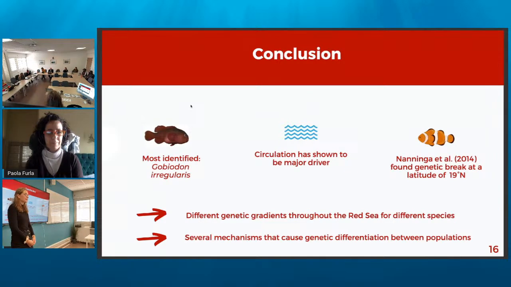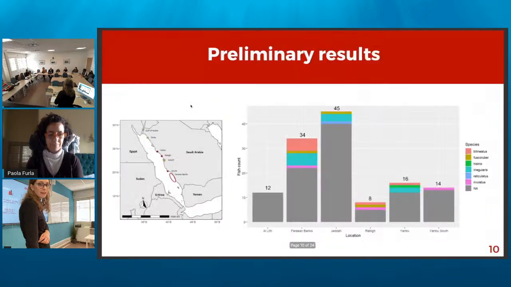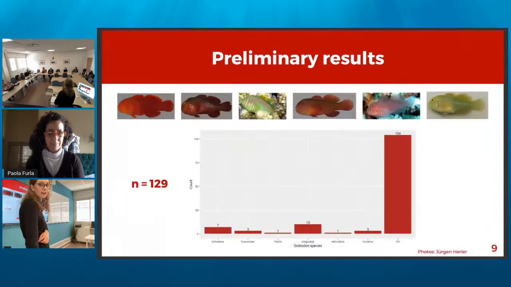Okay, thank you. I have another question, just a clarification. In your study, you work on gobies. Yes. You say that for the moment, 9 species of gobies have been identified in the Red Sea, and in your study, thanks to the help of the expert, you identify 6 species.